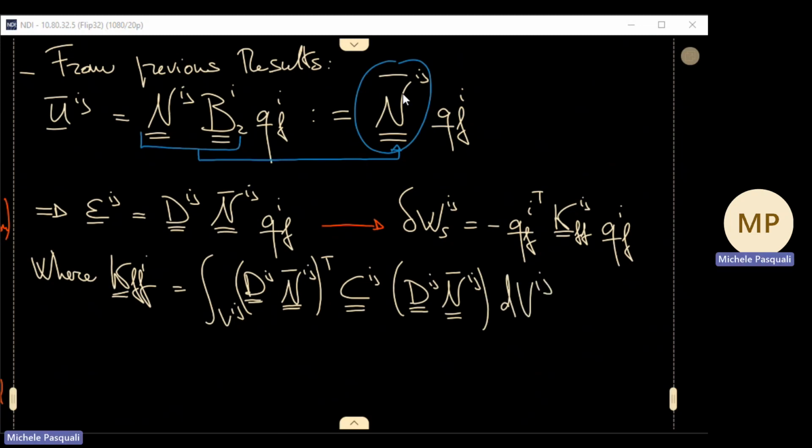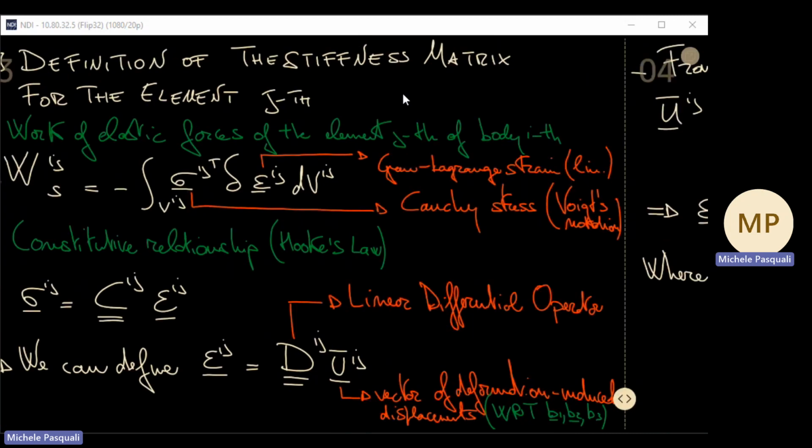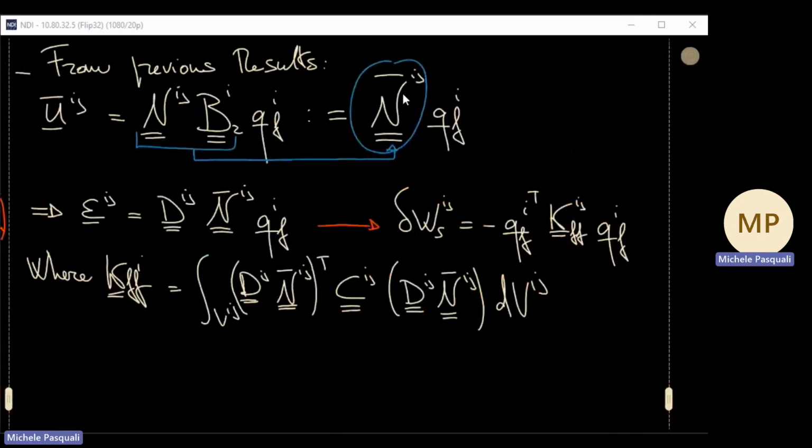Okay, is it clear? I think we have done it at body level as well. Just to recap, we have this expression of the virtual work. We have this constitutive law. We have this expression of the deformation. We have this expression of the displacement induced by the deformation. We put all of this together and put it back in the first expression.